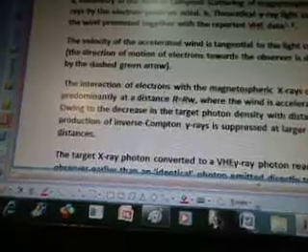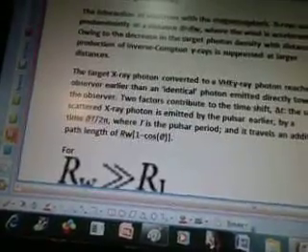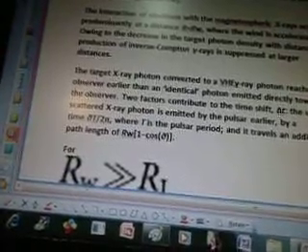Owing to the decrease in the target photon density with distance, the production of inverse Compton gamma-rays is suppressed at larger distances. The target X-ray photon converted to a VHE gamma-ray photon reaches the observer earlier than an identical photon emitted directly towards the observer.